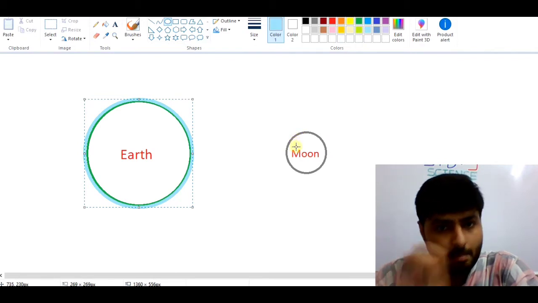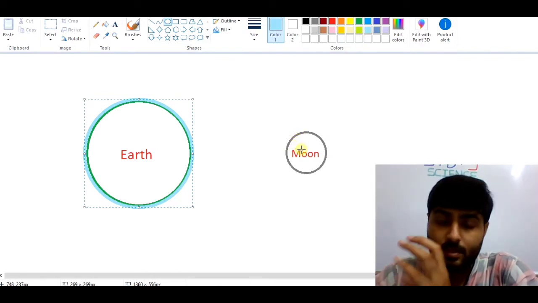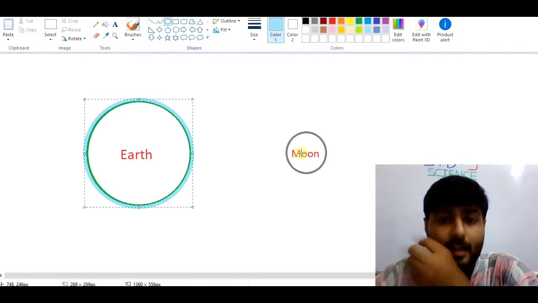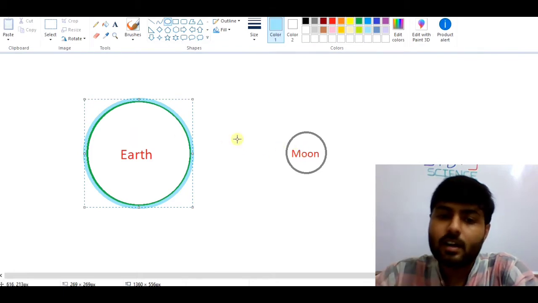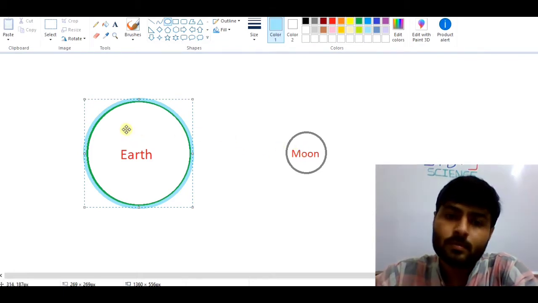Moon has some mass, comparatively large, so there is some gravitational force between earth and moon.